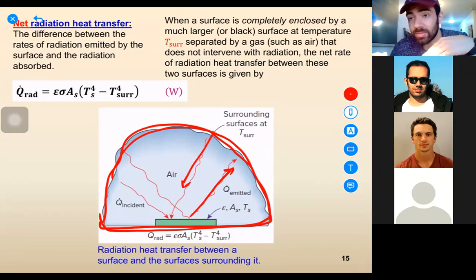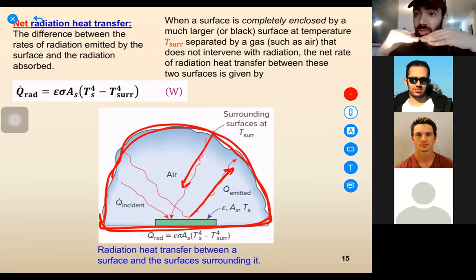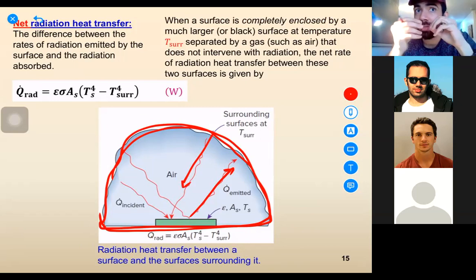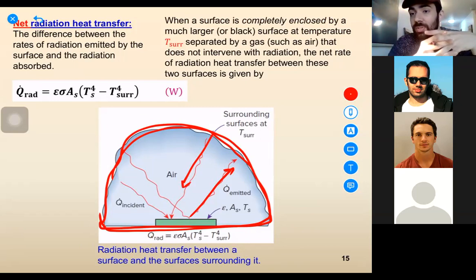So the difference between the radiation of the surface and the radiation of the outer boundaries of that cloud will specify the net transfer of heat between those two surfaces or bodies.